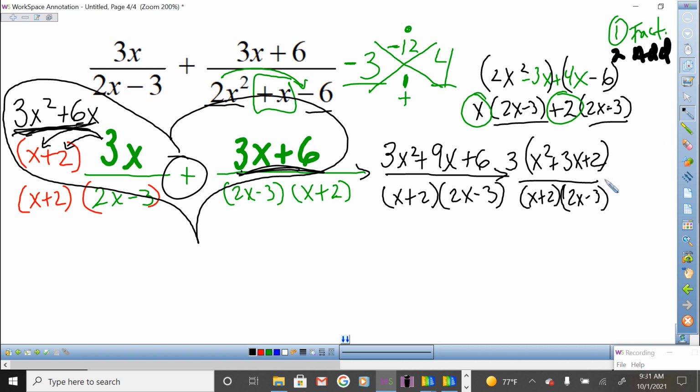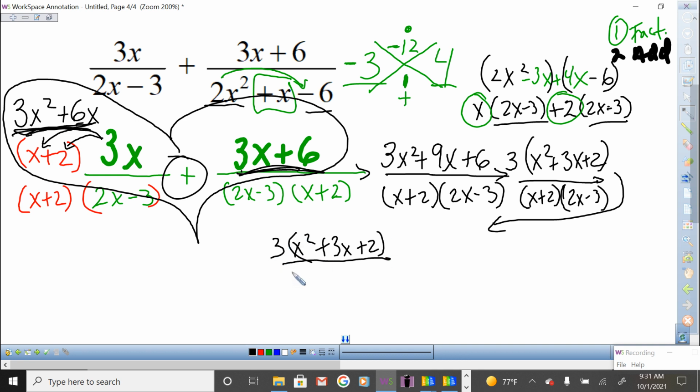Alright, I'm going to continue down here, okay? So I'm going to rewrite it here so that I can continue. X squared plus 3x plus 2. And the GCF was 3. And then I got x plus 2, 2x minus 3. Okay. Next, can we factor this? What do I do?